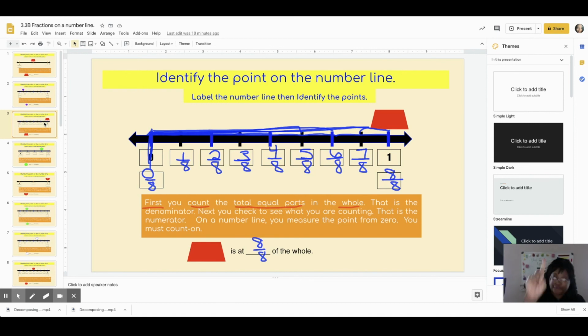Just remember, first, you count the total equal parts in the whole. That is your denominator. Next, you check to see what you were counting. That is your numerator. All right, I will see you in small groups.